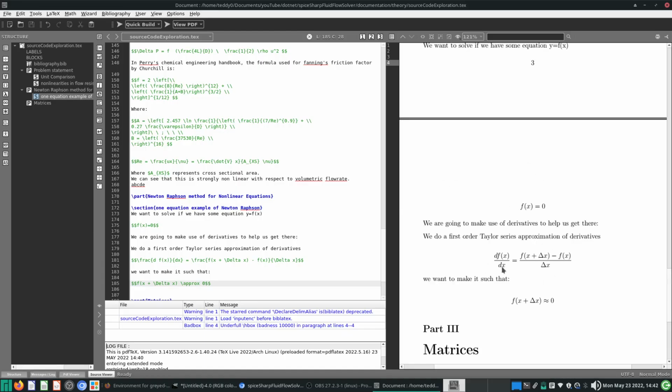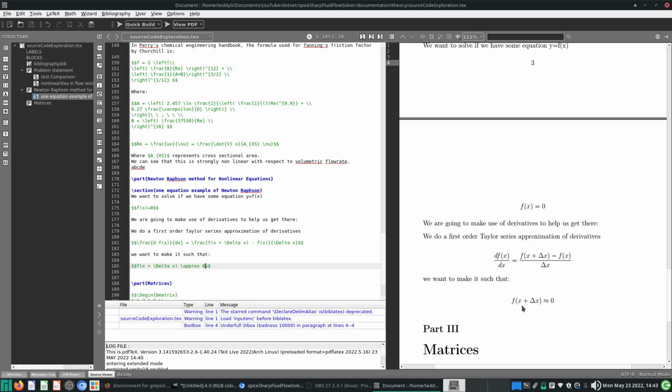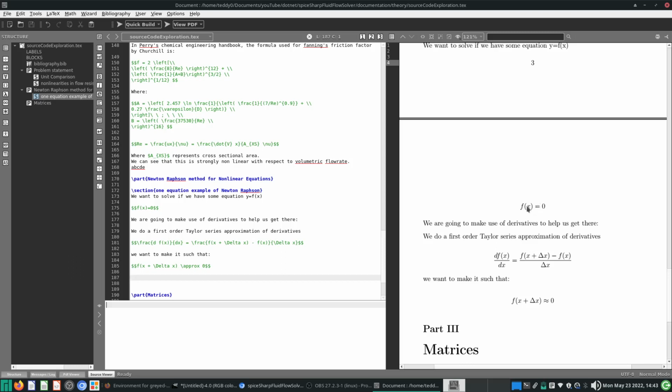Again, how do we connect these derivatives to help us find the root? We substitute this f of x equals 0 over here, so that f of x plus delta x is approximately 0. Before I get ahead of myself, I want to substitute this back into the equation, so that f of x plus delta x is approximately our solution here.